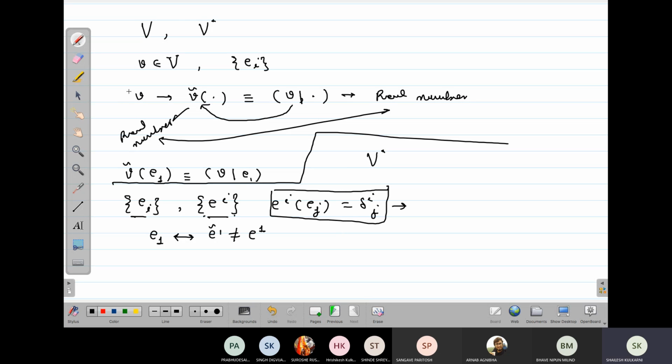Now we have defined a correspondence between vectors and dual vectors. Using this correspondence, we may or may not get the appropriate dual basis vector corresponding to E1. May or may not. Let us see how.